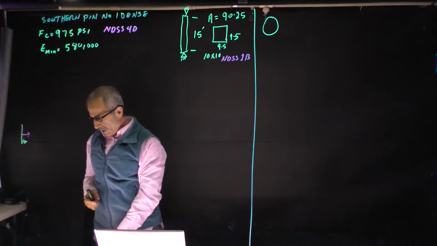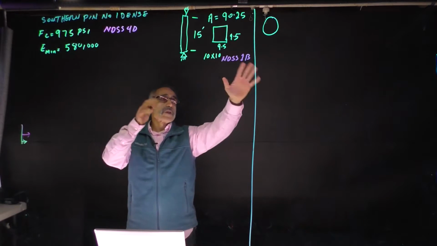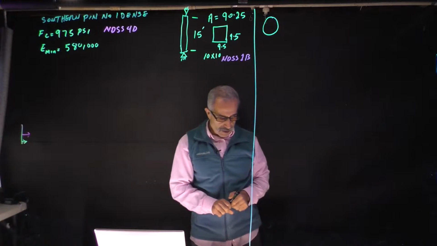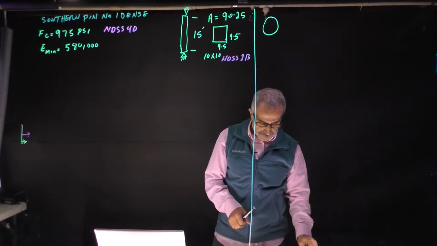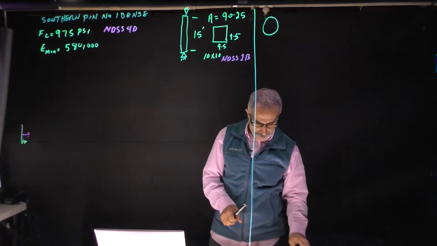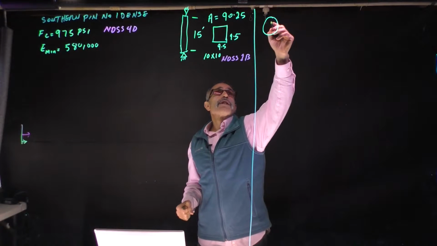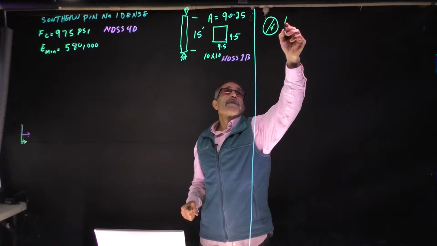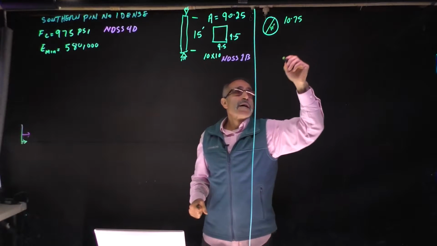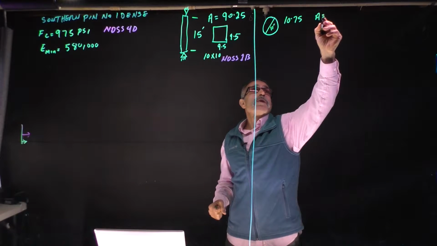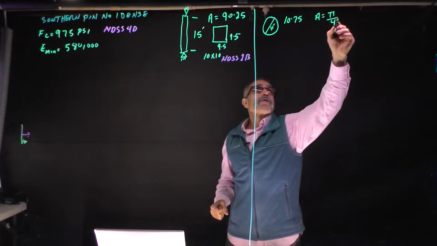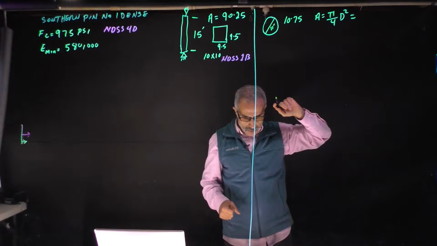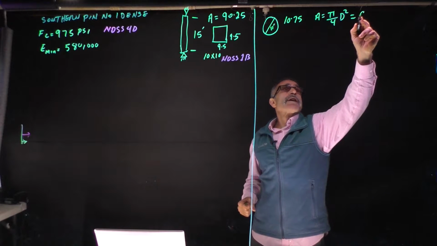Before I continue, I'm going to do the round column. If I design a round column with the same identical area, it would be a diameter of 11 inches, or say actual size 10.75, and my area is going to be pi r squared, or pi over 4 times d squared, and if I calculate that, it comes out to 90.71.